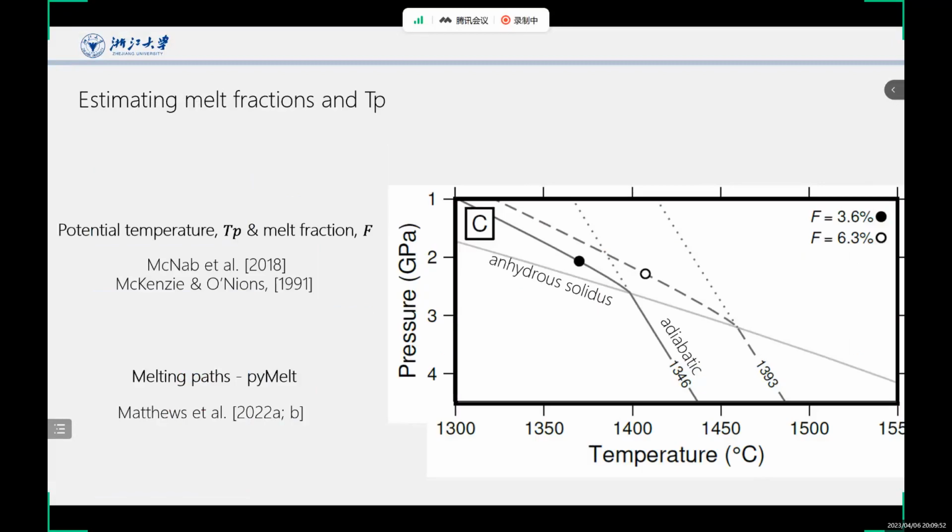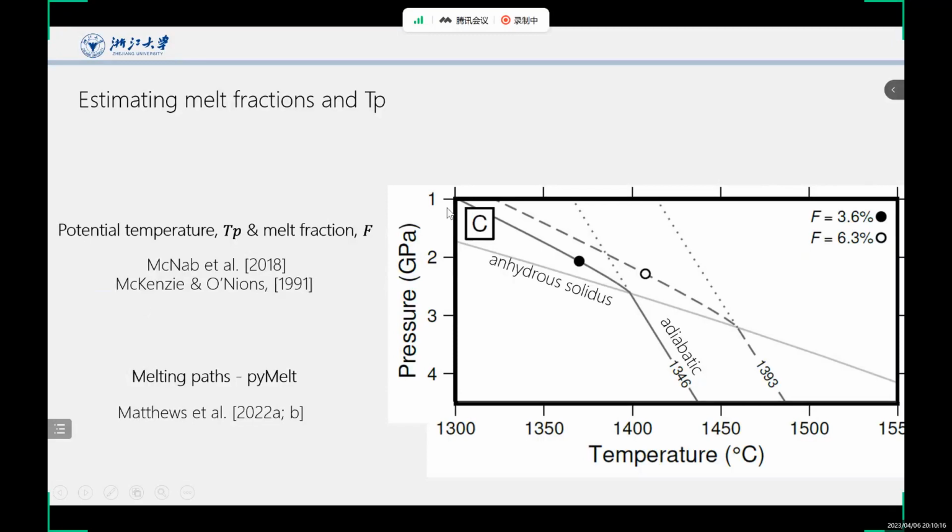In the third part, they estimate the melt fraction and the potential temperature. They use an updated model from the McNab 2018 paper, which can be used to estimate the potential temperature and melt fraction.